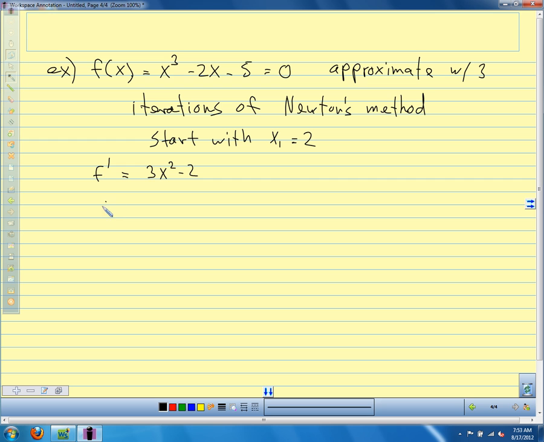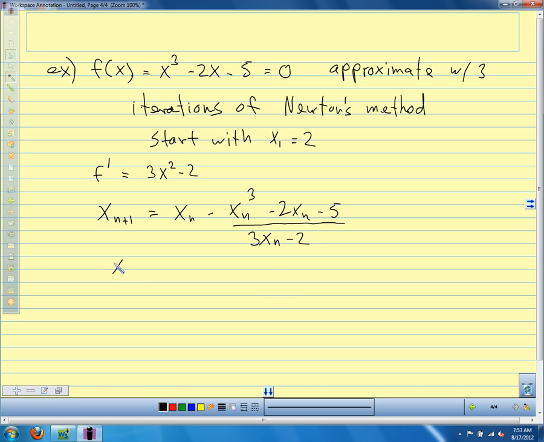So we know that x2 equals, and let me write out the steps. x sub n plus 1 equals x sub n, and I used a different subscript here, but that's okay, x sub n cubed minus 2x sub n minus 5 over 3x sub n minus 2.